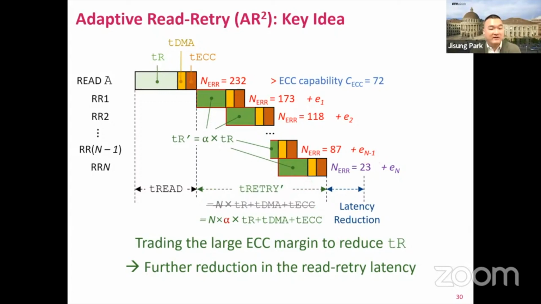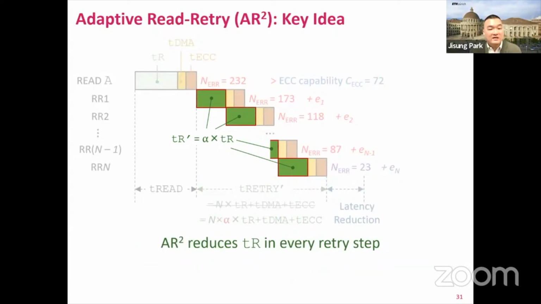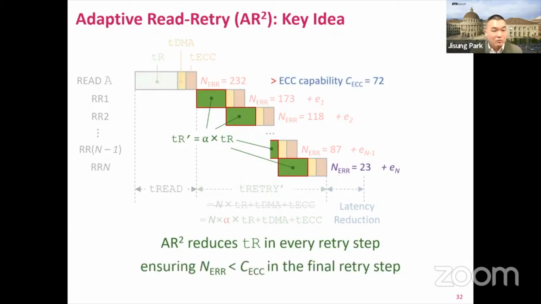Here I would like to emphasize that AR² reduces the sensing latency of every retry step, while ensuring that this reduction does not cause the number of raw bit errors in the final retry step to exceed the ECC capability, meaning that reducing these timing parameters should ensure that the final retry step's raw bit error count stays below the ECC capability.